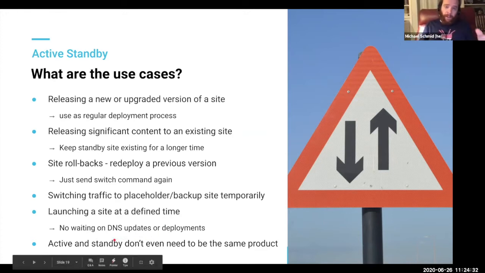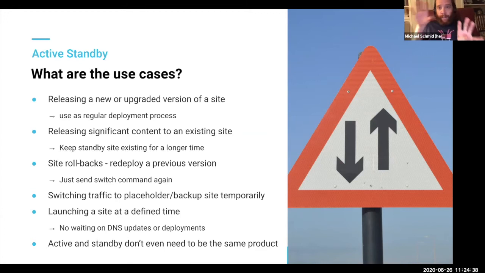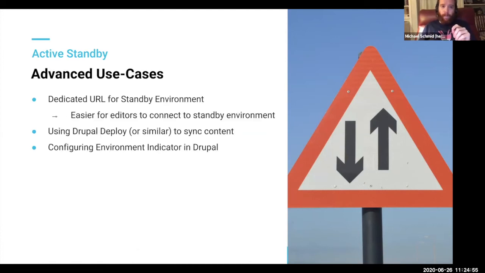And the really cool thing is, because they're completely different environments, the standby environment could be a completely different product. You could go from, let's say, Drupal 7 to Drupal 9 with a Gatsby front end, or you switch from WordPress to Drupal or whatever. They don't need to have the same containers or services deployed in any way.